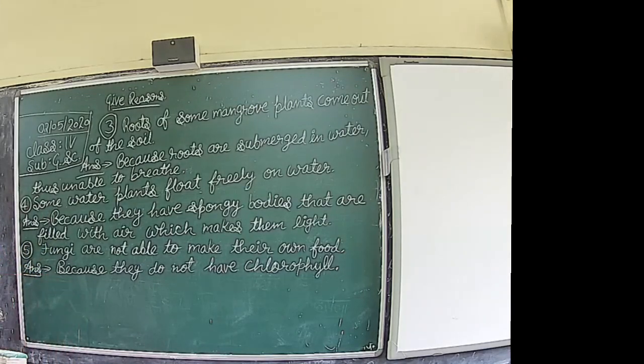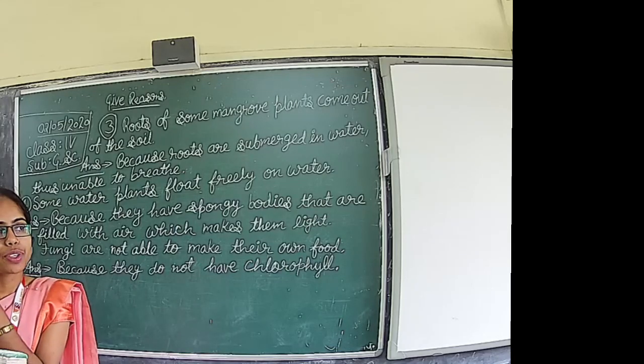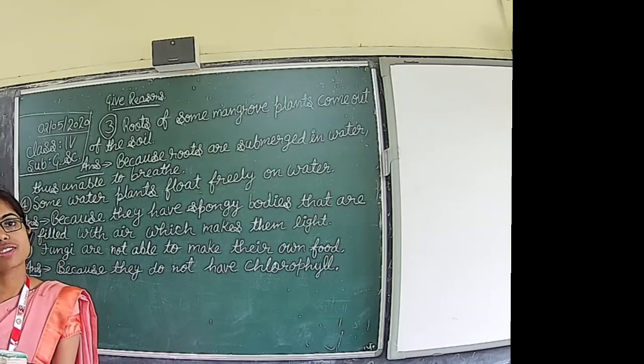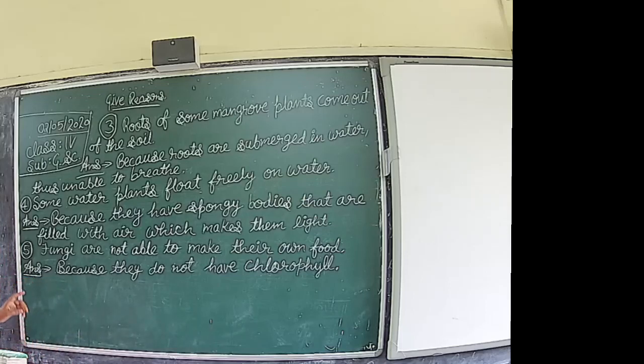Let's revise it once more. You take your time and write. Till the time I am revising, I am reading it once again. You write completely. Then we will move to the last exercise of this chapter, the question answer section. Roots of some mangrove plants come out of the soil because roots are submerged in water and thus unable to breathe.